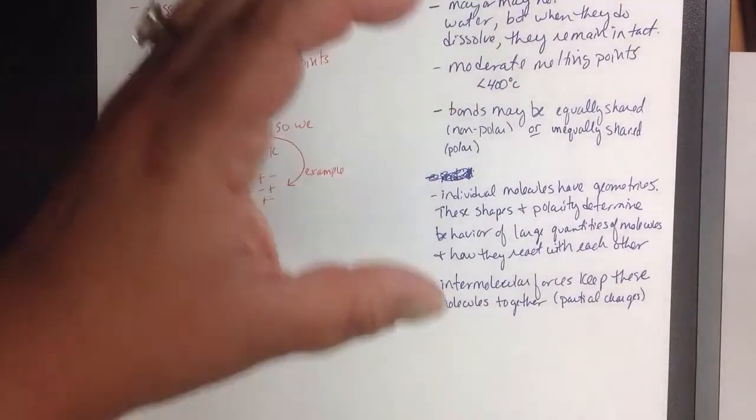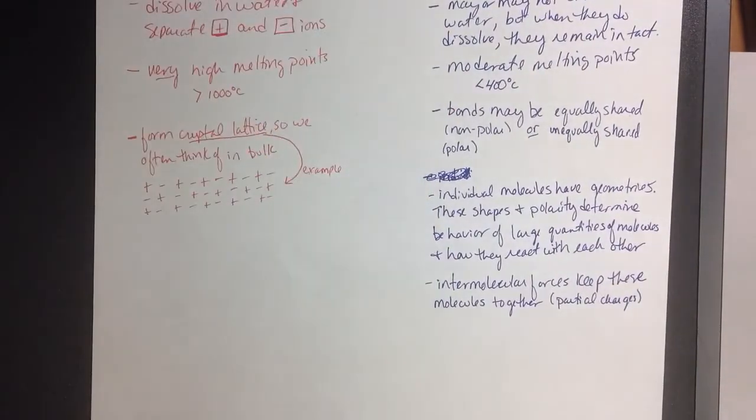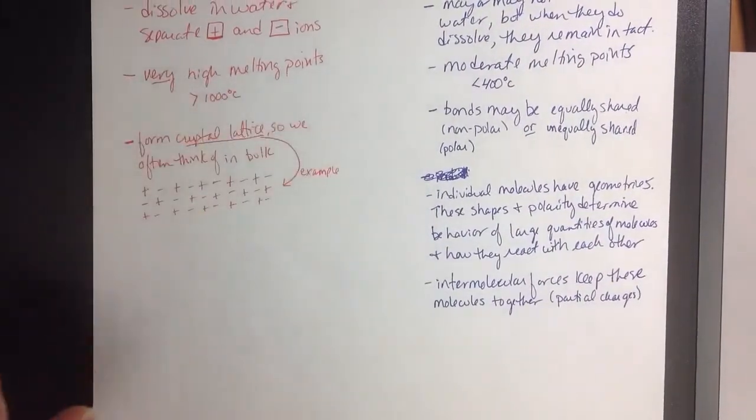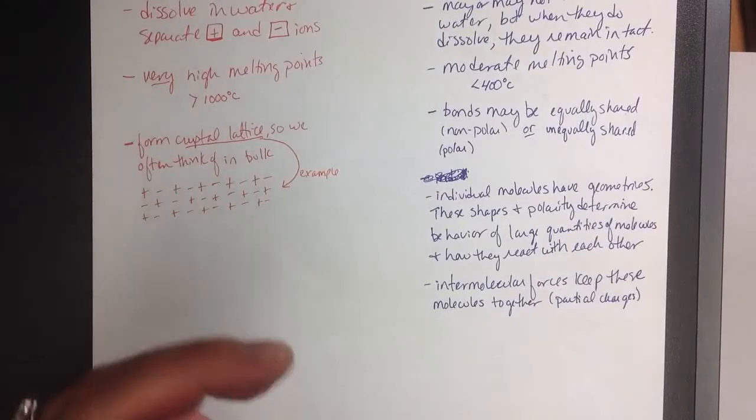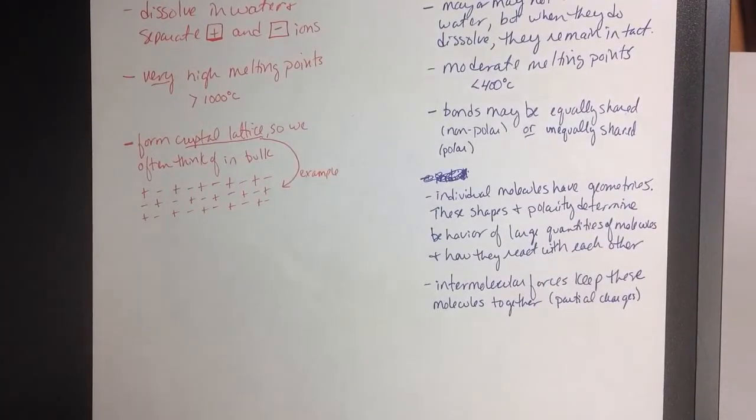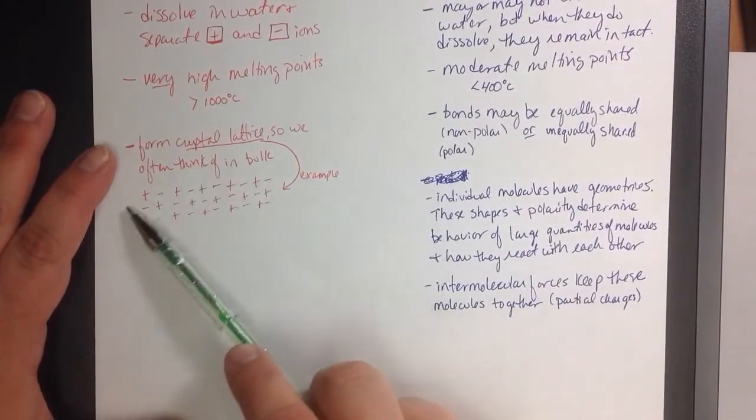So, in other words, a cup of water or a cup of methanol. Okay? Intermolecular forces is what keeps that cup of molecules tied together, because it's not like this.